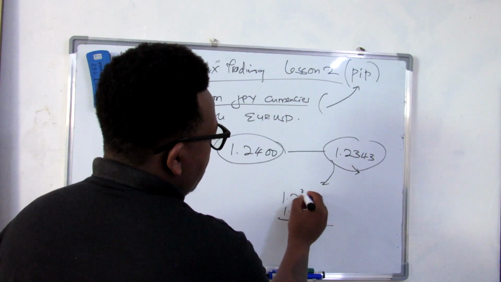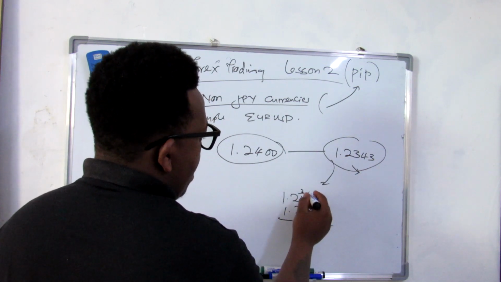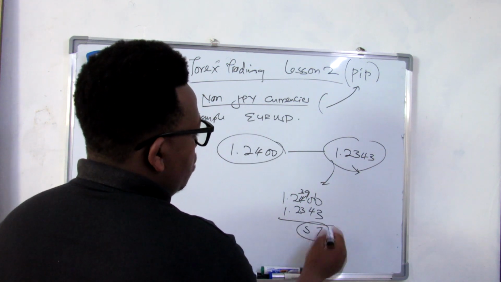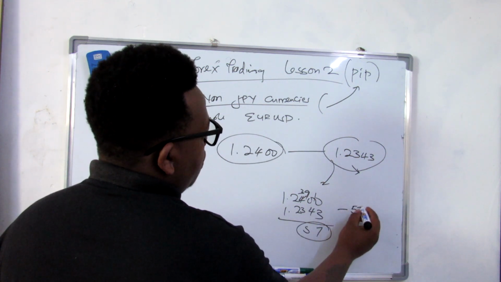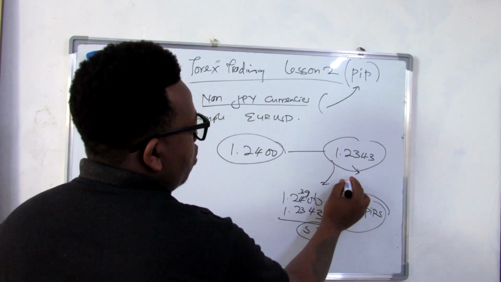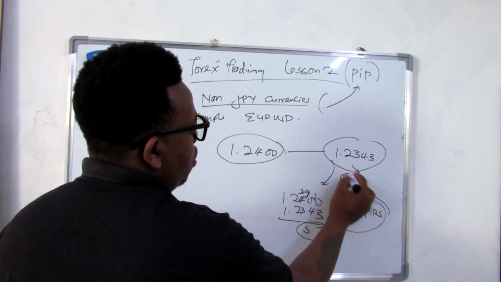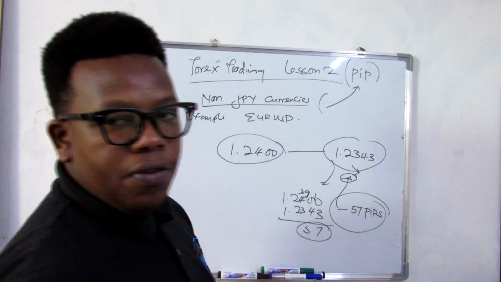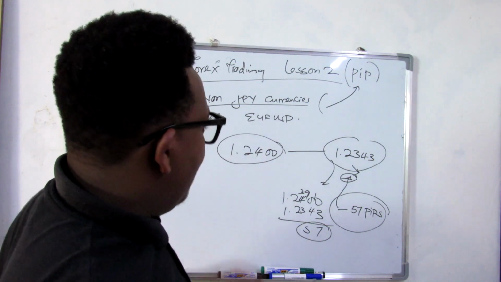So you do the subtraction. This is 9, we have 7, and we have 5. So basically the market has moved minus 57 pips. The minus has come because the current market position has dropped from the initial one. So that's why we are saying it's minus 57 pips. Hopefully that's clear. Let's proceed.